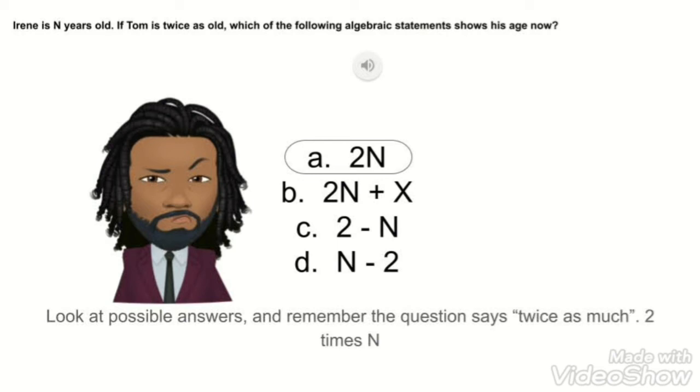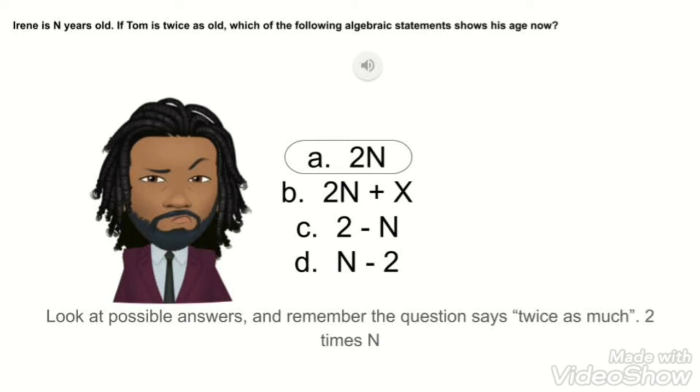Irene is n years old. If Tom is twice as old, like if he's twice as old, we don't need anything more than 2n. It's not a minus in there because it doesn't say the difference. So C and D wouldn't be the answer. It would only come down to A and B, and there was no adding of any variable. So there's no need for a plus x right there, right?